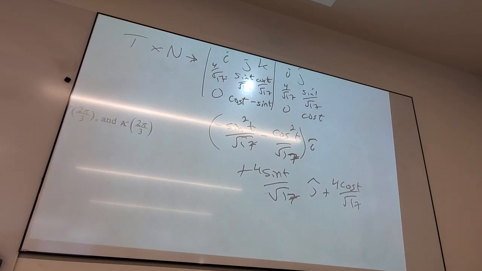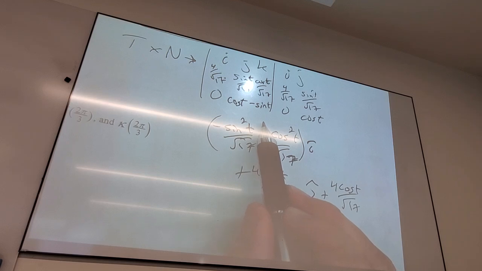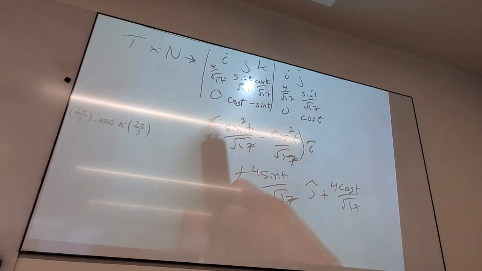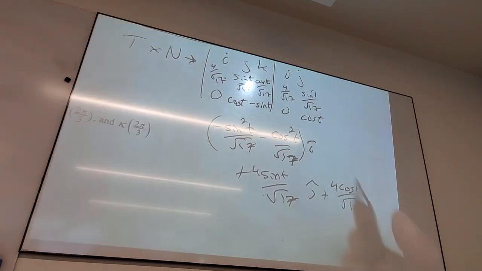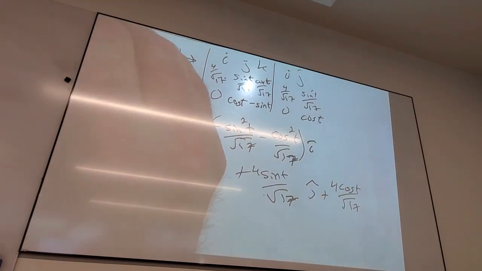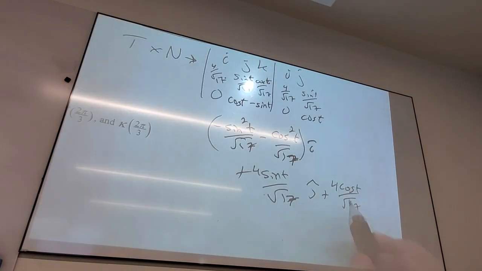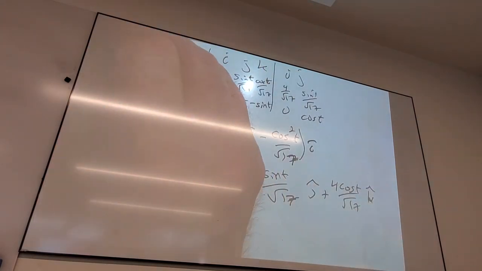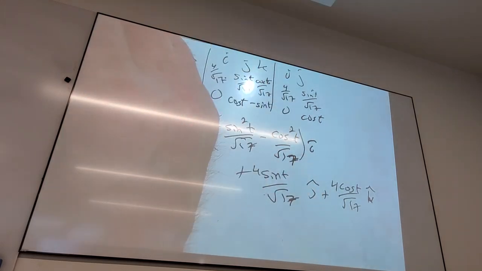So if I take a negative 1 over root 17 out, this is 1. So I get negative 1 over root 17, 4 sine t over root 17, and 4 cosine t over root 17. That's B.